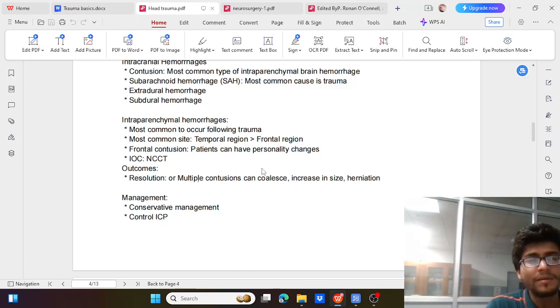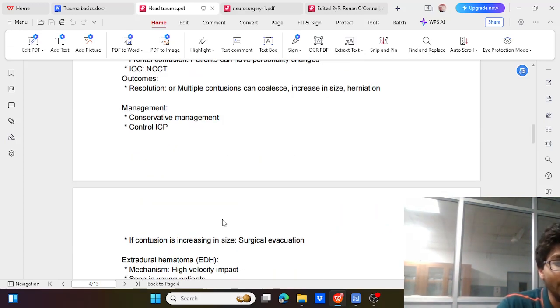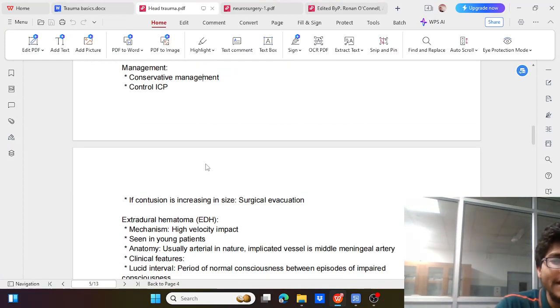If there is a larger contusion which can increase and cause hemorrhage and herniation, it needs evacuation. Initially, if it is small, we go for conservative treatment, controlling ICP, which we'll see in detail. If it is increasing in size or causing more bleeding, then we go for surgical evacuation by craniotomy.